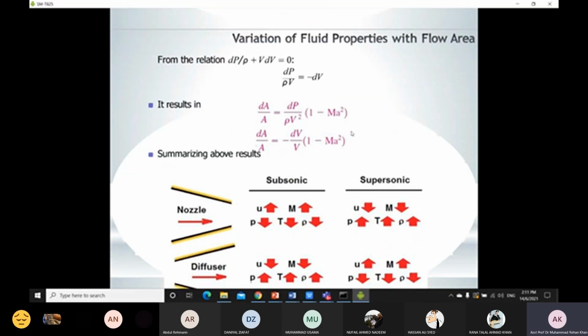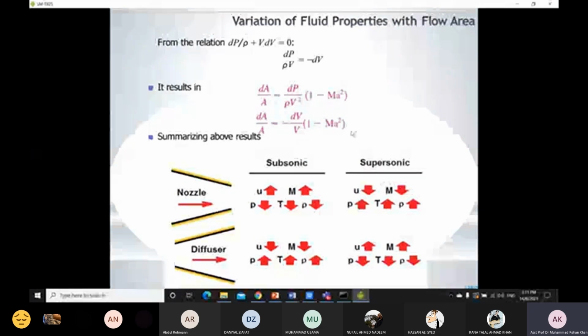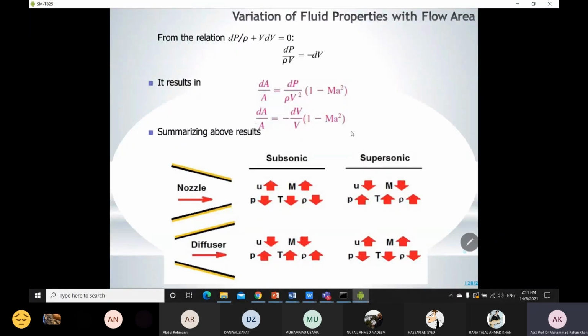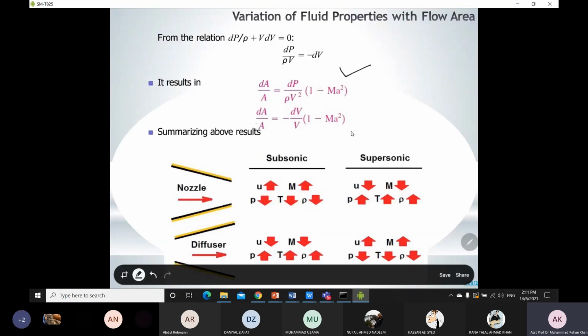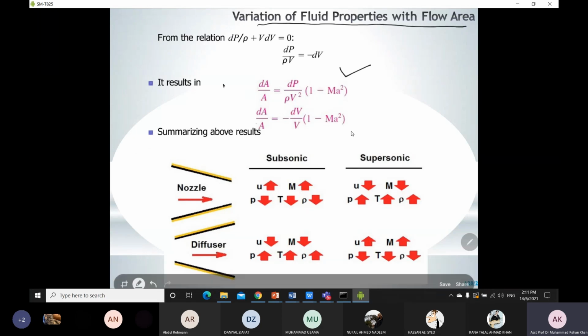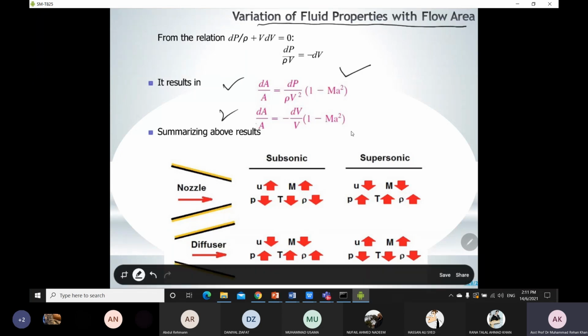Okay, so in the last lecture we already derived two equations which relate to isentropic flow, for the variation of fluid property with the flow area, and that is for the isentropic condition. So this is the equation which we already derived, and this is also the equation which we already derived in the last lecture.